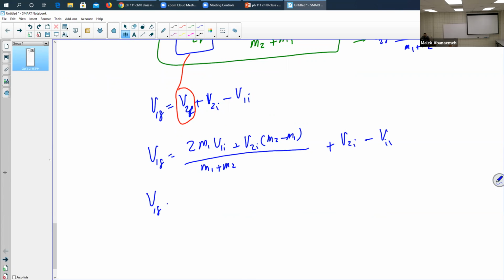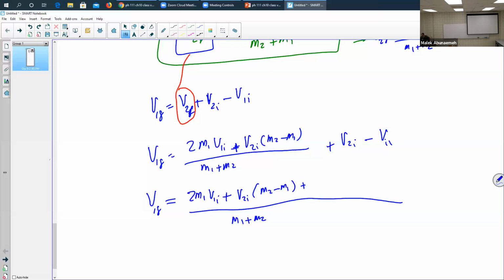That means V1F is going to equal 2M1 V1I plus V2I M2 minus M1, plus, well, we're going to make them all under M1 plus M2. So we multiply the V2I by M1 plus M2, and you subtract that V1I by M1 plus M2.